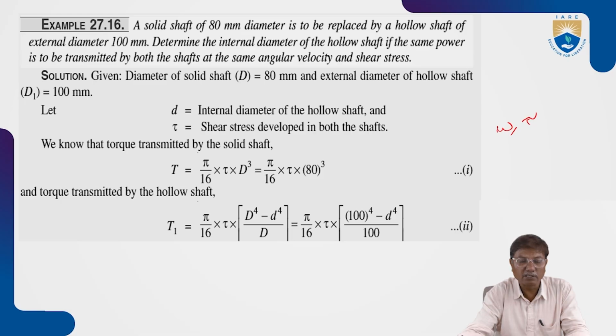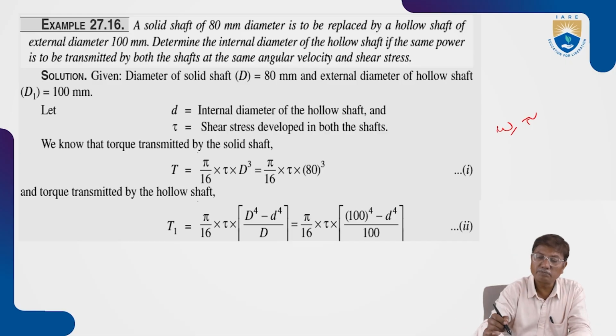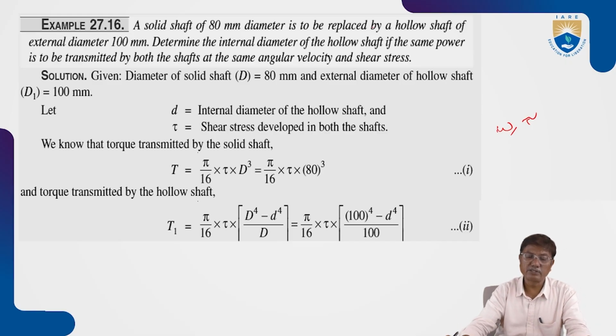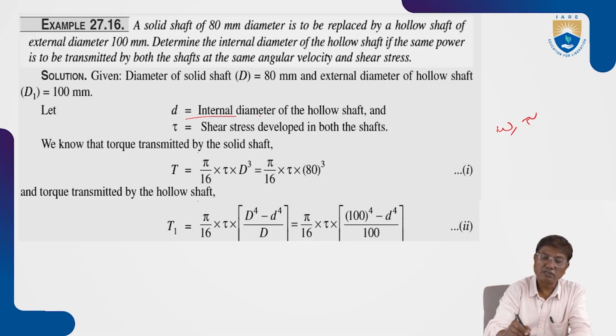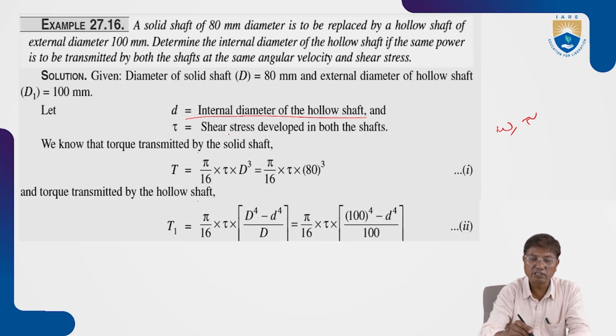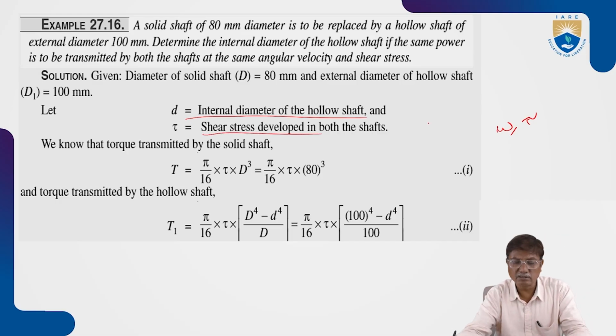Are they of same material? It is not given here. But they have to transmit the same power. So let small d be the internal diameter and tau is the shear stress developed in both the shafts.